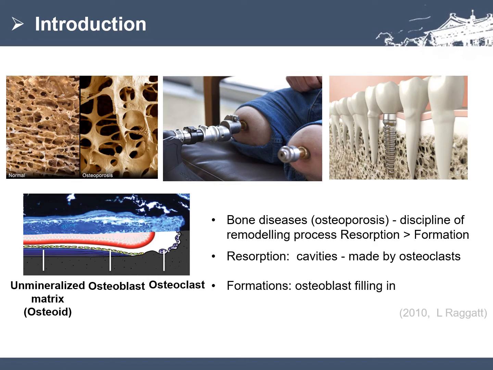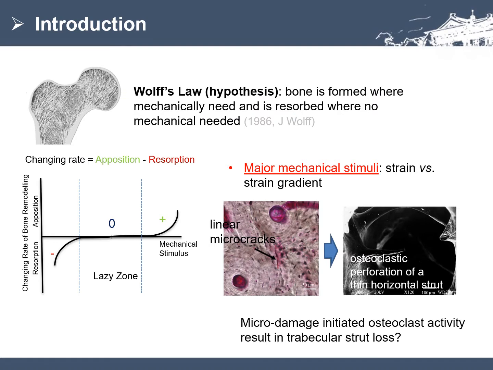Mechanical signals have been proved to have a wide effect on this process. But how this process is affected by the mechanical impact is still under debate. A lot of hypotheses try to describe the effect of mechanical load in the remodeling process.